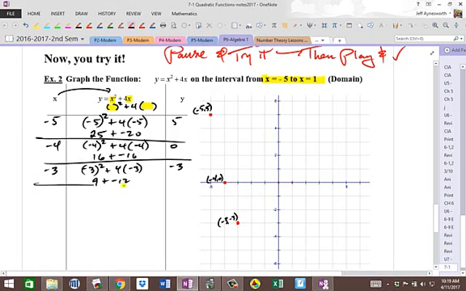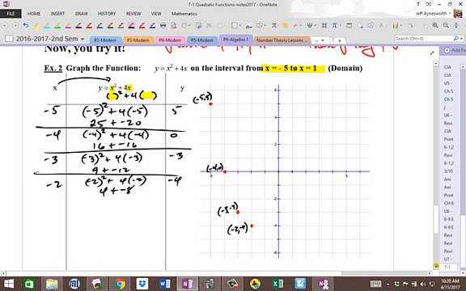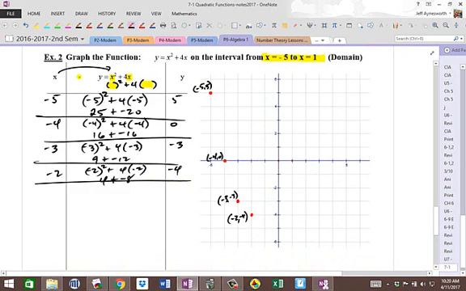And then -2. -2 squared plus 4 times -2 is 4 plus -8, that's -4. So left 2, down 4 is here. Then -1. -1 squared plus 4 times -1 is 1 plus -4, or -3.